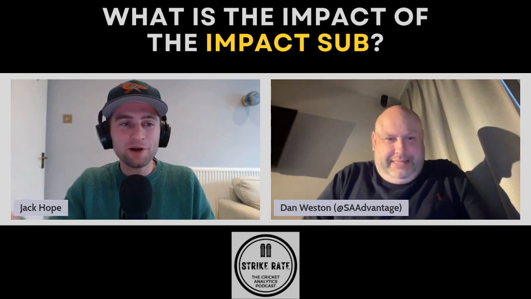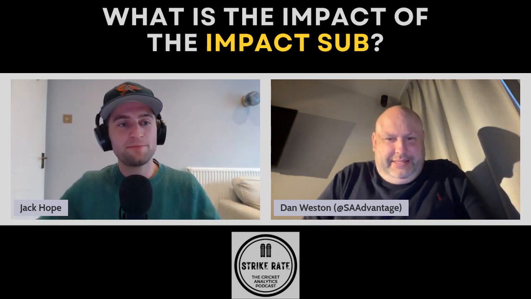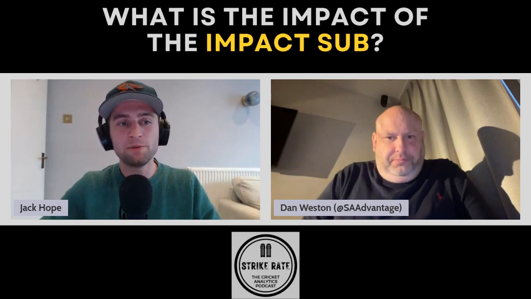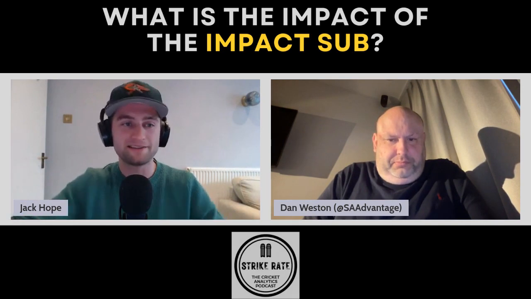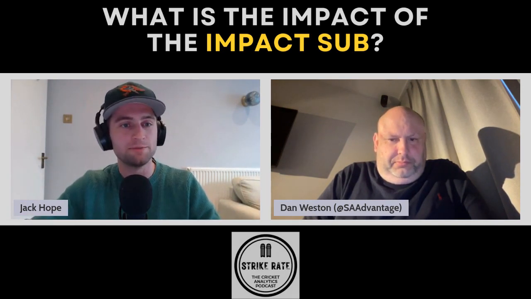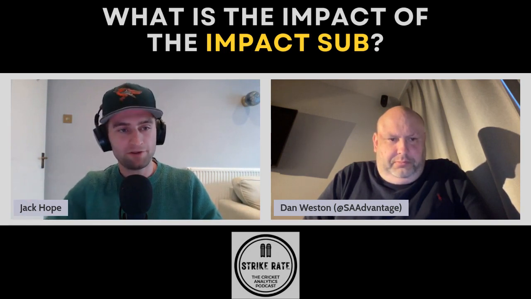But one of the things I wonder whether it's happening is because we've got these impact subs coming in who are often a little bit more limited than a player that would demand a position in the 11, or it might work the other way around. A batter's getting into the 11 who is a little bit more limited than before because you're effectively naming 12 players. You might have the opportunity with the usage of some of your bowlers, and I think particularly here around spinners, to carry them until a little bit later in the innings because you can target those players.